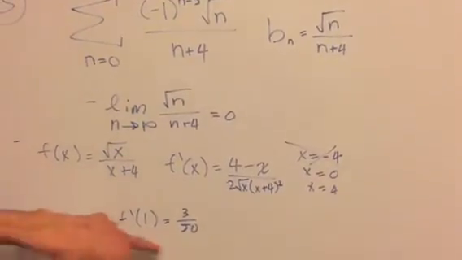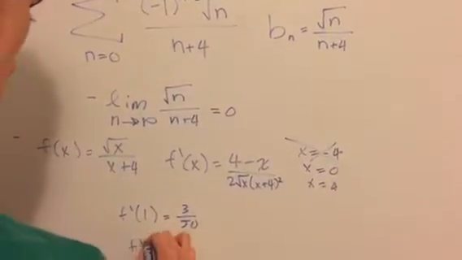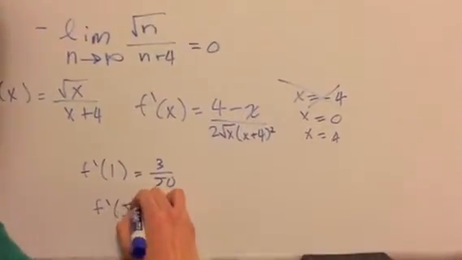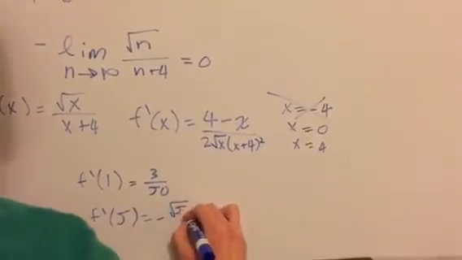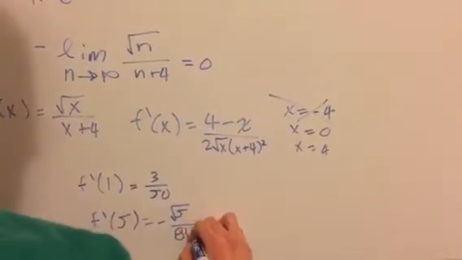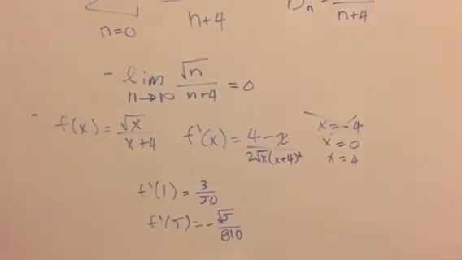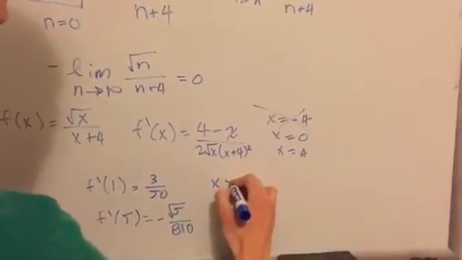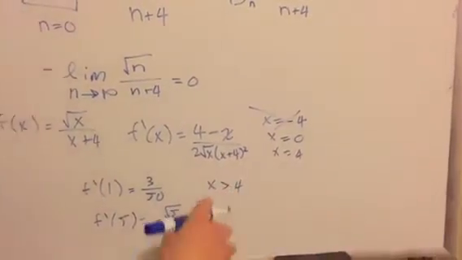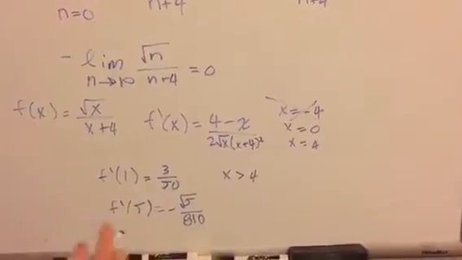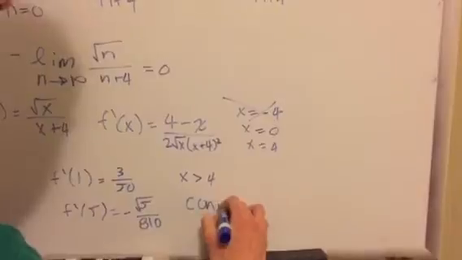So the function from 0 to 4 is increasing, but f prime of 5 is equal to negative square root of 5 over 810. And so since the derivative at 5 is negative, we can tell that the function for x greater than 4 will be decreasing. So we can conclude that the series is convergent.